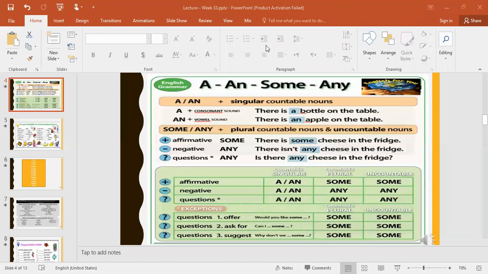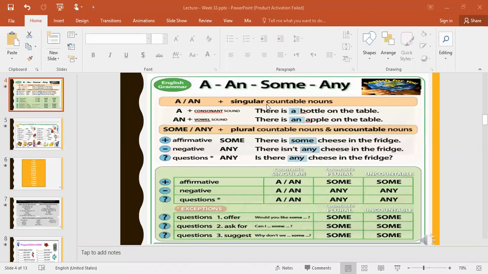Now we move to a, an, some, and any. Here, there is a difference, of course, between a, an, some, and any. Let's see what's the difference. First of all, a and an are used only in singular countable nouns, not in uncountable, only countable. So a is used with consonant sounds. I say a bottle, a book, a curtain, a car, a bicycle, and so on.